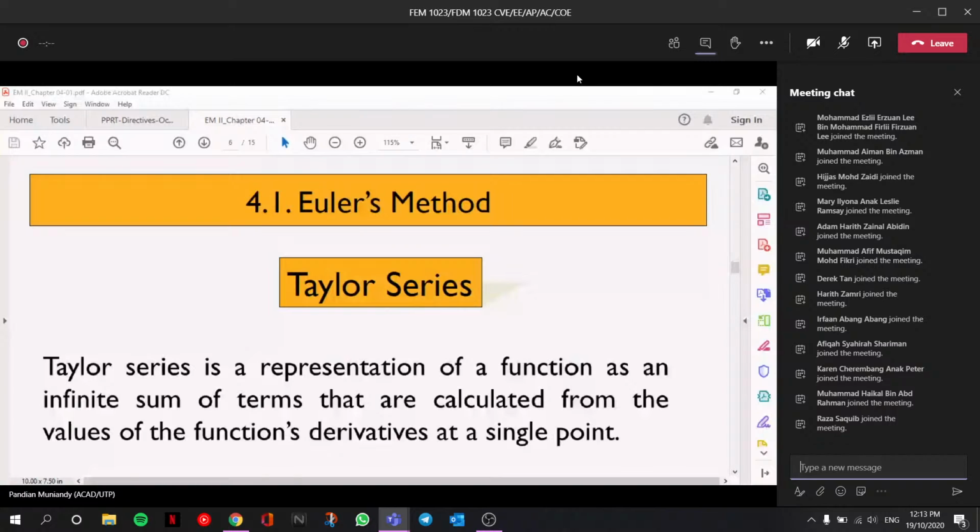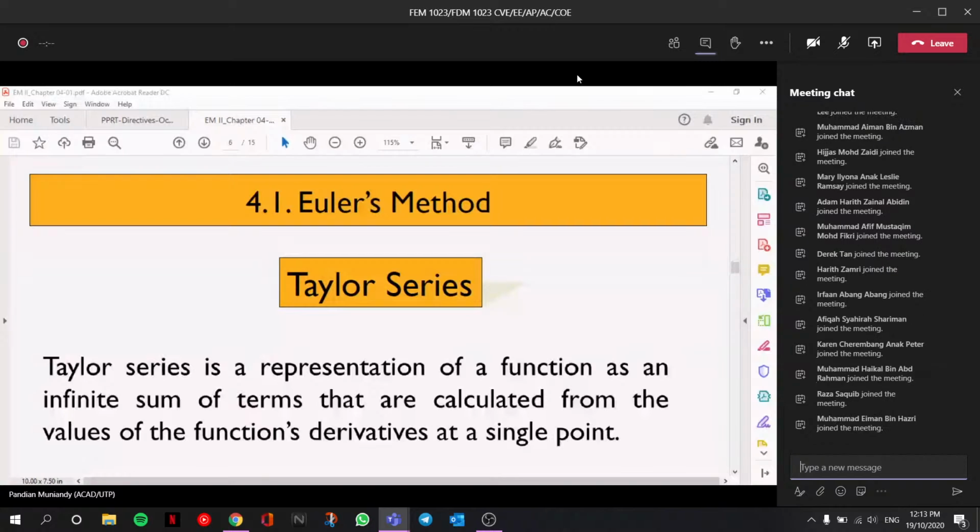Taylor series is the backbone for the Euler's method, because without Taylor series, you don't have Euler method. So we are not going to study Taylor series. We are just going to mention to you about Taylor series, just one equation. After that, we derive or construct the Euler's method.